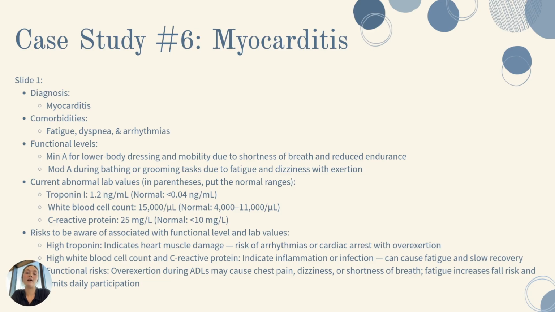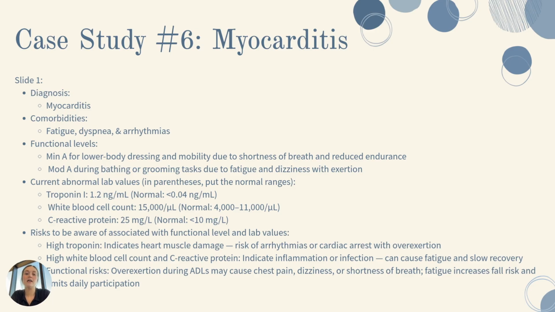And the white blood count is 15,000 per microliter, and this is above the normal range of 4,000 to 11,000. And this suggests an inflammatory or infectious process. And then for the C-reactive protein, it's 25 milligrams per liter, and this is also elevated from a normal of less than 10, which further confirms ongoing inflammation.